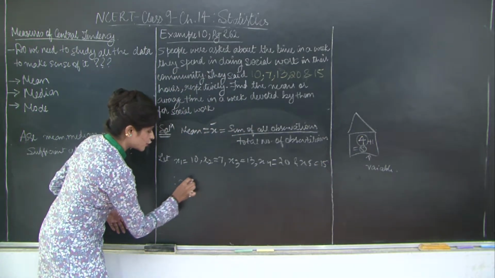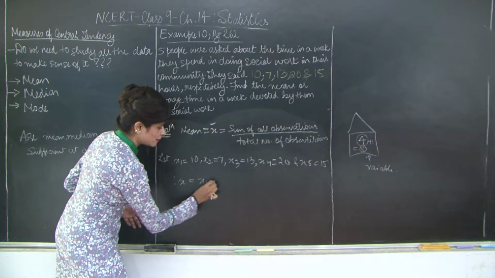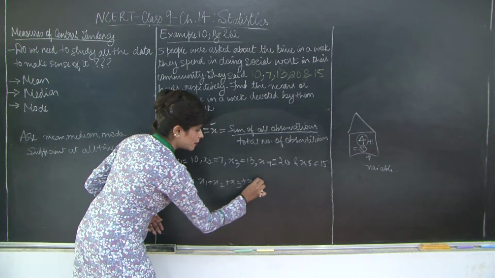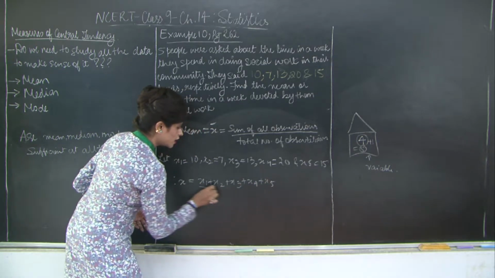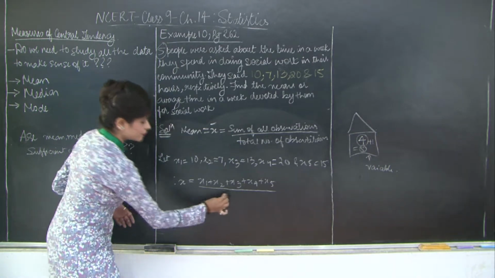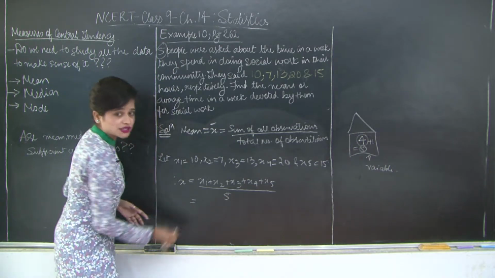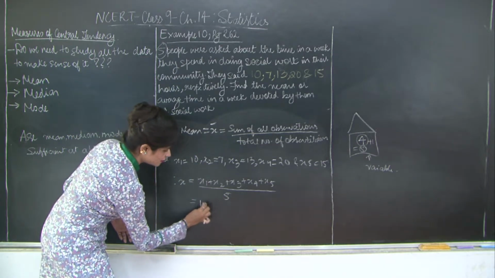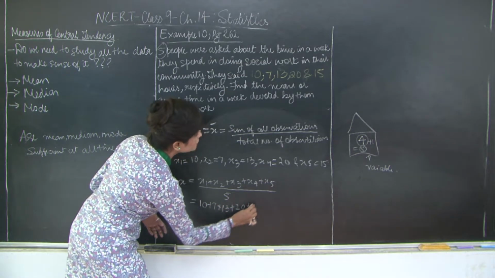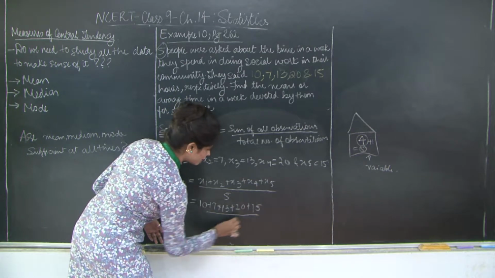Therefore, x bar is going to be (x1 plus x2 plus x3 plus x4 plus x5) upon the total number of observations. We know that this is 5. So this is going to be (10 plus 7 plus 13 plus 20 plus 15) upon 5.